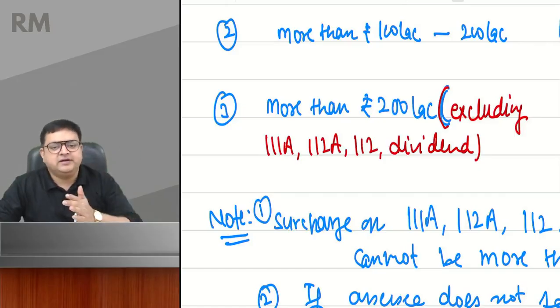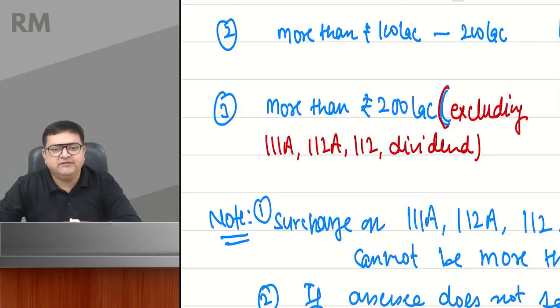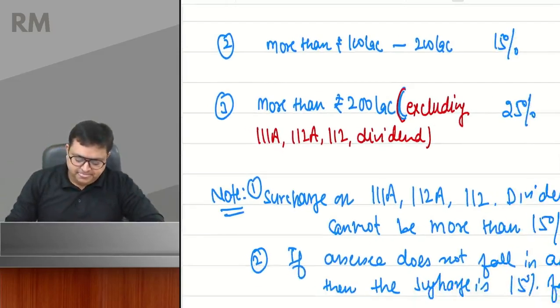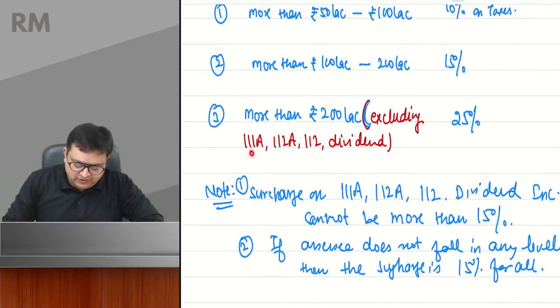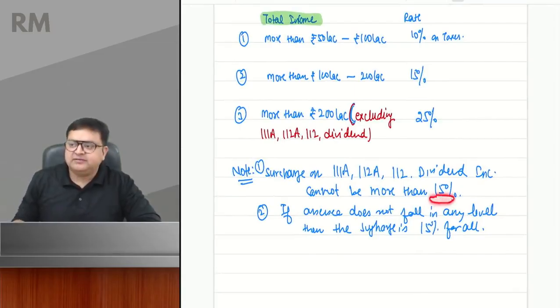Just exclude that. After excluding that, now tell me, is it more than 2 crores or not? So if it is more than 2 crores, then it comes in third level. Otherwise, this person will not come in third level also. I'll give you the example. Why? Because on these income, the surcharge rate can be maximum 15%.